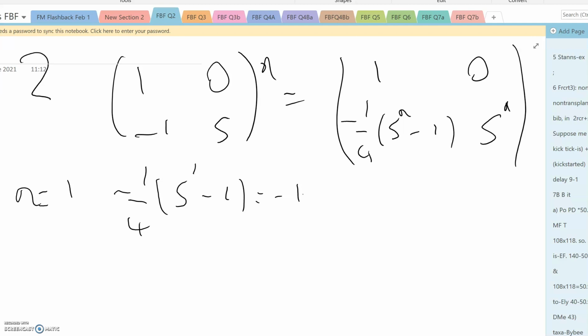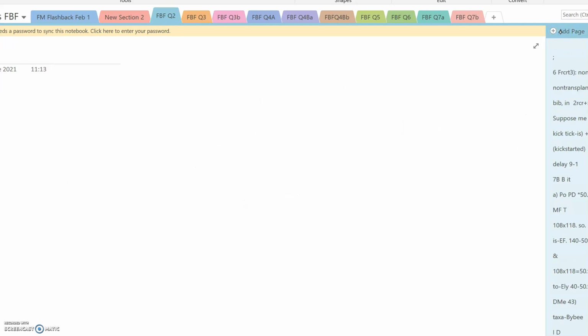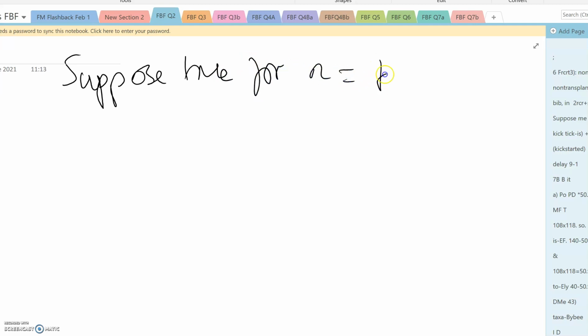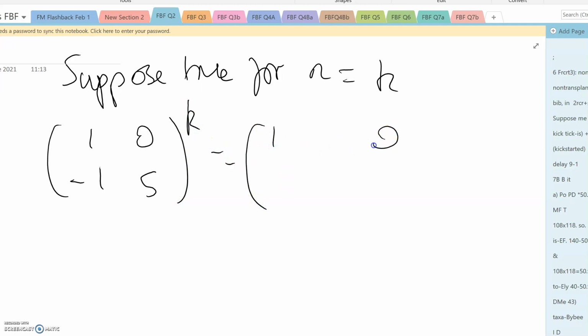Next step is to suppose true for n equals k. And that means the matrix (1, 0; minus 1, 5) to the k is equal to (1, 0; minus a quarter times (5 to the k minus 1), 5 to the k).